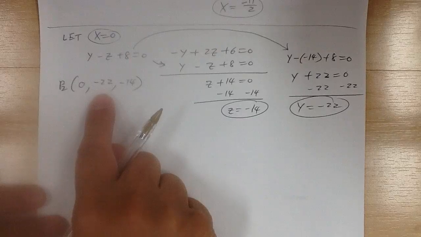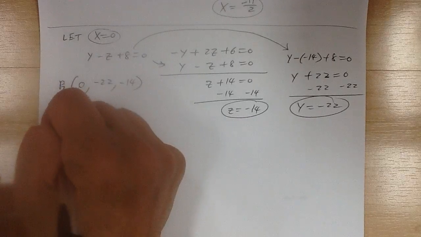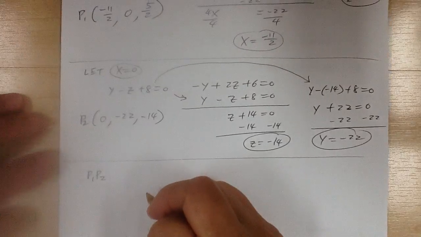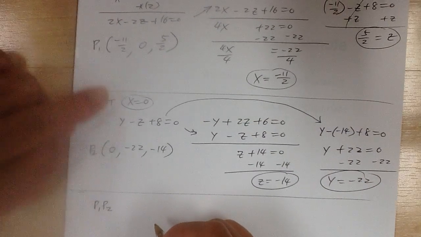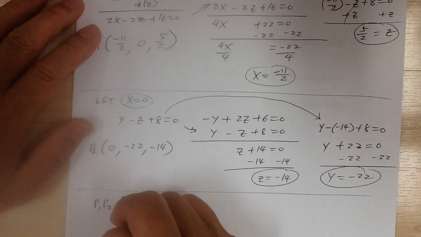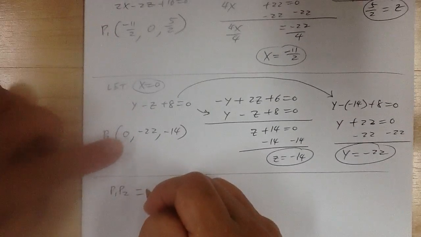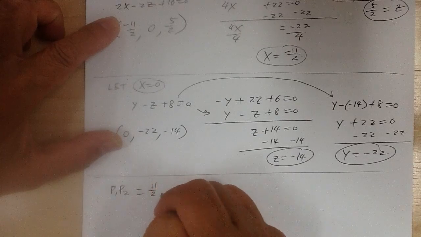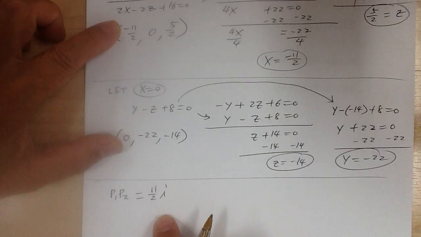So now I can find my vector. I can get P1P2, which would be just this minus this, right? So this minus that would give me plus, so it would be positive 11 over 2 i.